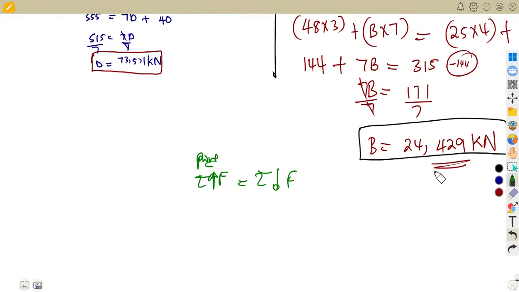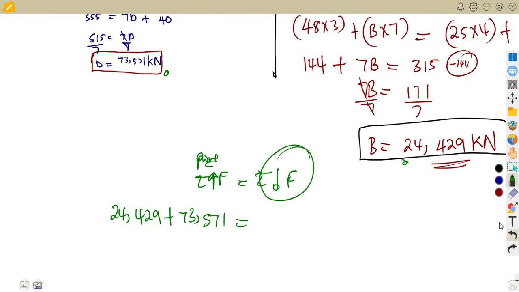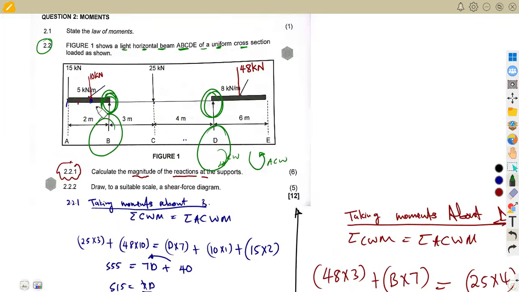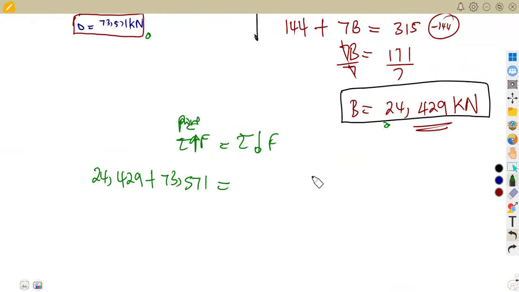All right, so that is B plus D. B, which is 24.429 plus D, and D is 73.571. This should be equal to those ones that are pointing down in this case, which is, we've got 15, 10, 25, 48. So you're going to add all those ones that are pointing down. What are we going to have there?